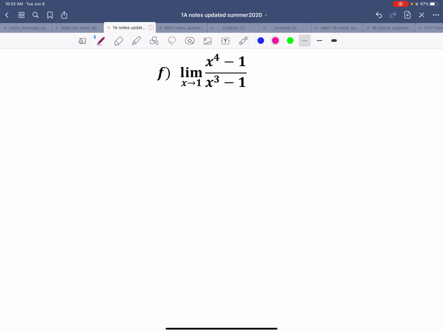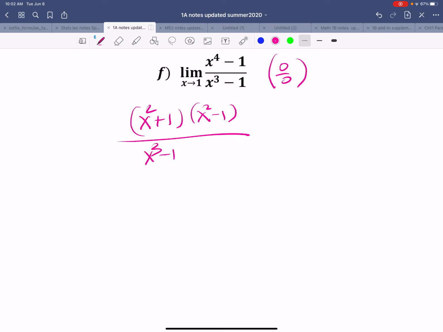Let's first plug in the number. I'm getting 0 over 0 form. If I have 0 over 0 form, that's indeterminate, so I need to factor more. This would be x squared plus 1 times x squared minus 1, divided by x cubed minus 1. Limit as x approaches 1. A lot of factoring required.